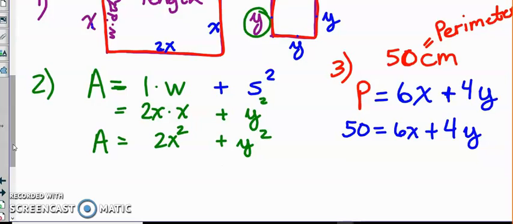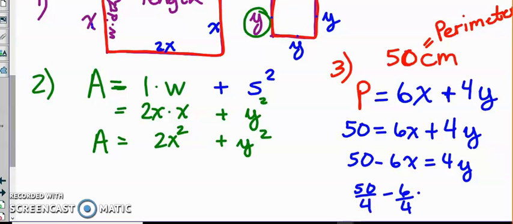It's not bad. Because we need to have just x or just y, we need to solve this equation for either x or y, so we can switch it out and have all x's or all y's. Let's solve this for y, just because everybody likes to solve for y. That's what we normally do. So we have 50 minus 6x equals 4y. We divide everything by 4. We get 50 divided by 4 minus 6 over 4x equals y.